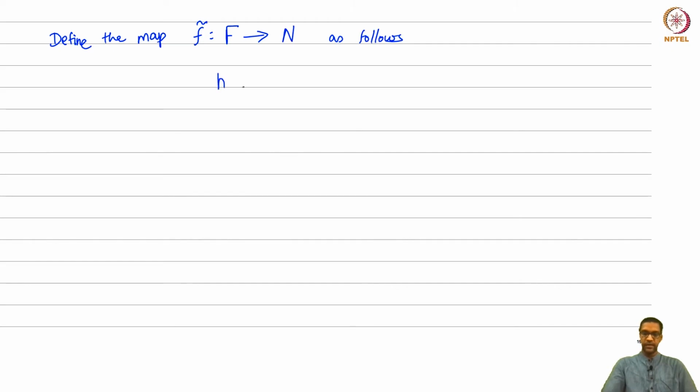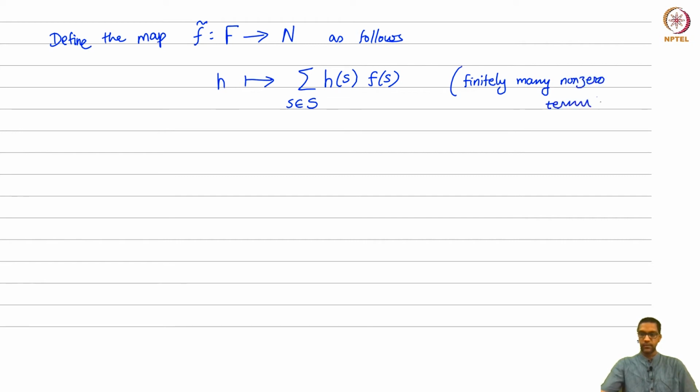Given any element h of F, I will map it to the summation of h(s) f(s), with s belonging to S. Again observe that this sum has only finitely many non-zero terms, because the element h has only finite support.